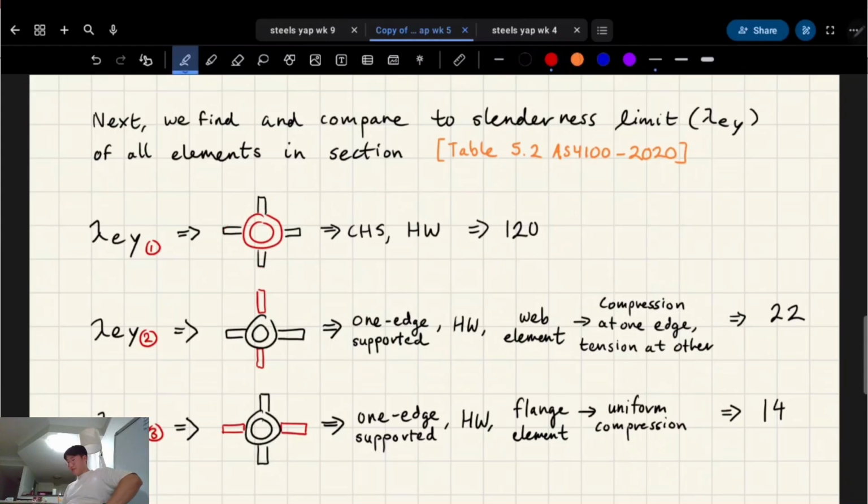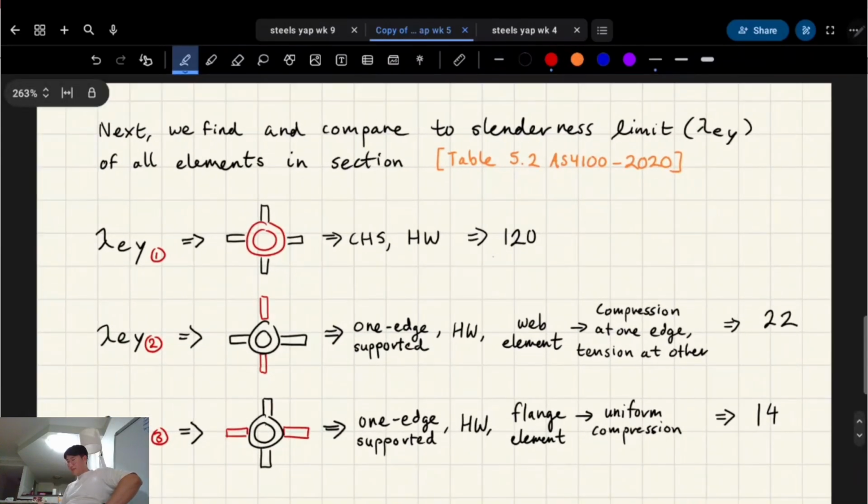But like I was saying last time, the slenderness yield limit is much higher for circular hollow sections, and rectangular hollow sections as well, because they're just much stronger in torsion. So it's a higher threshold before they're considered slender.